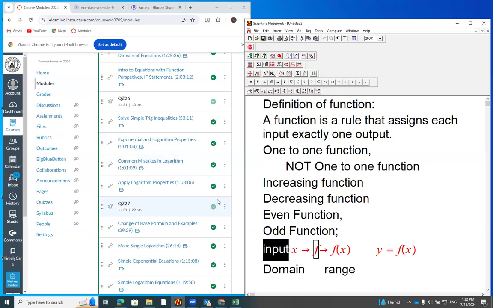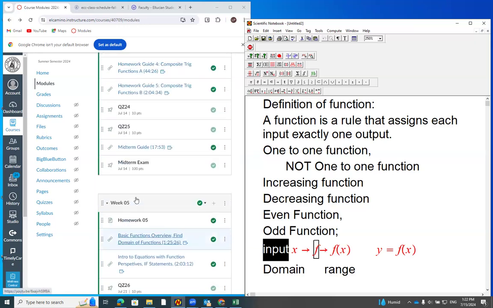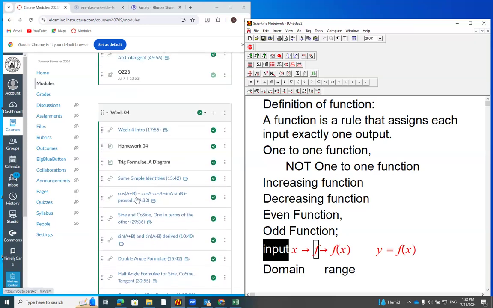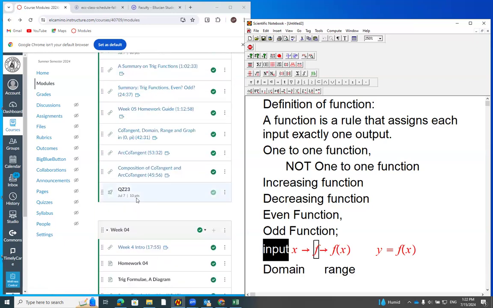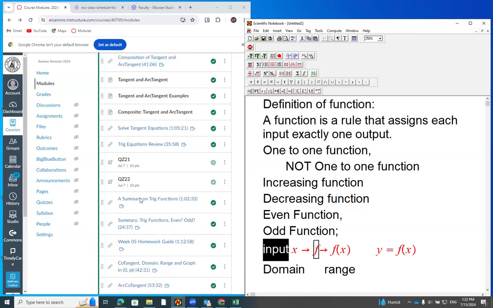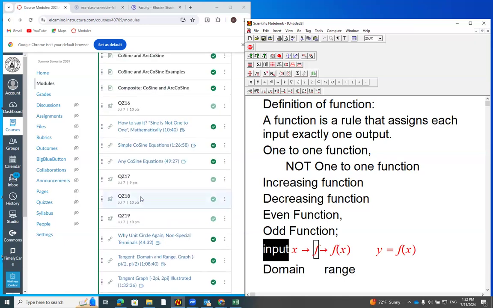Also, as we continue to study the different aspects of functions, if you have any issues with former weeks, trig functions and so on, please don't hesitate to reach out to me. The reason I covered trig functions so much earlier and spent so much time on them is so that you have more time to study them whenever possible.